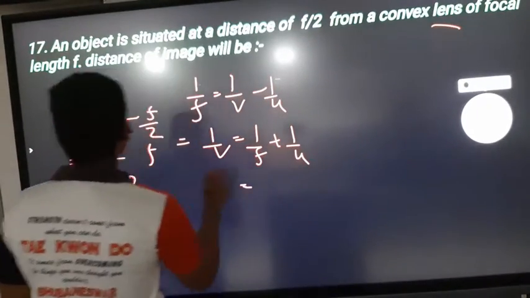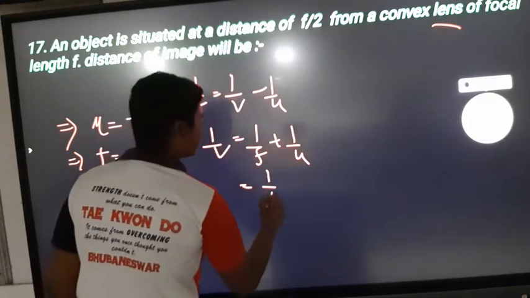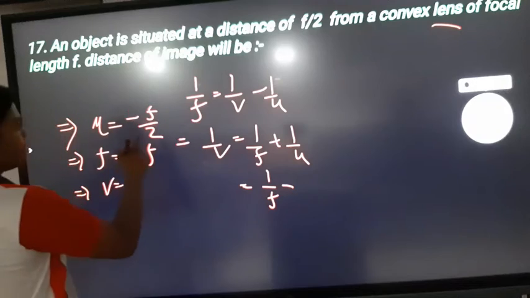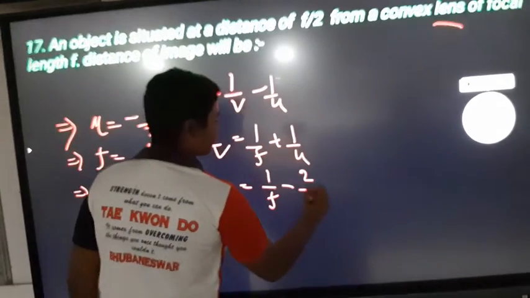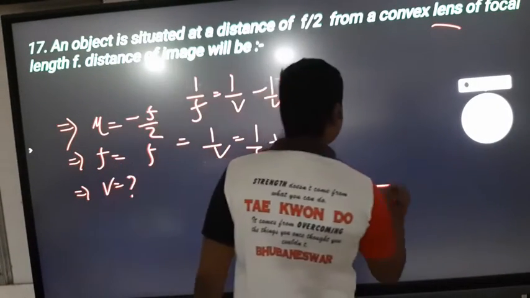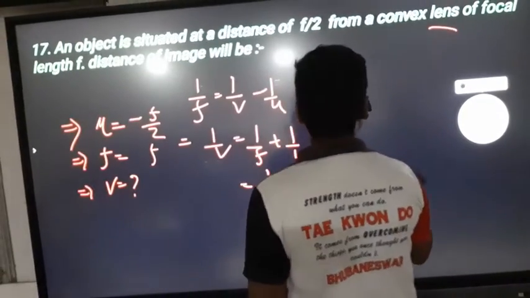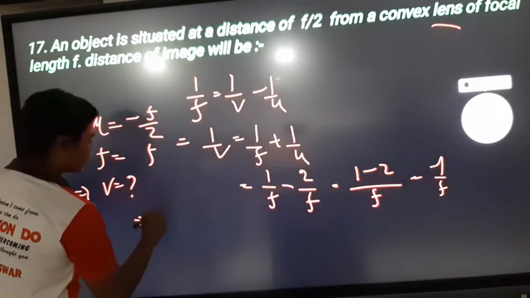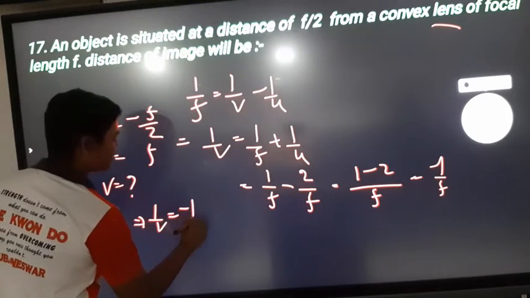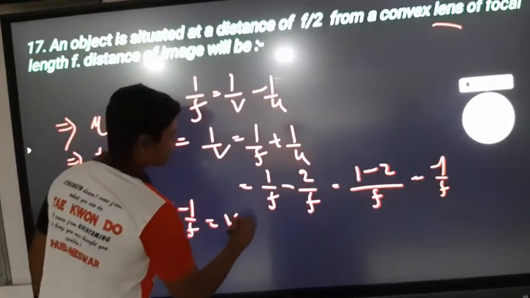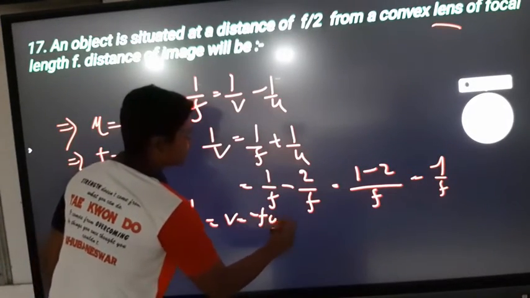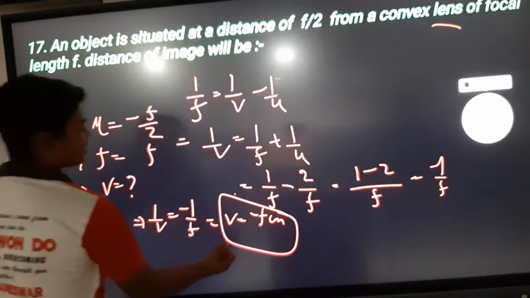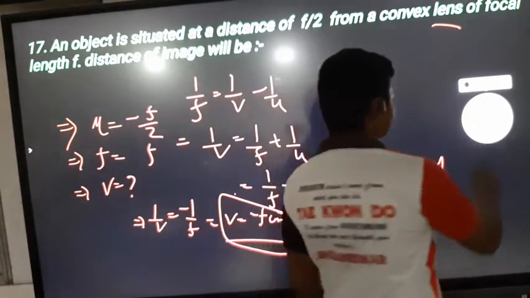So 1 by f plus 1 by u, which after calculation becomes 1 by f minus 2 by f, which is 1 minus 2, that is minus 1 by f. We have got 1 by v equals minus 1 by f, so v equals minus f. So the image distance is minus of the focal length. Let us have the next question.